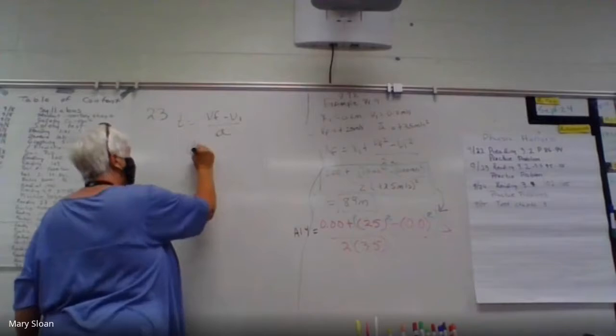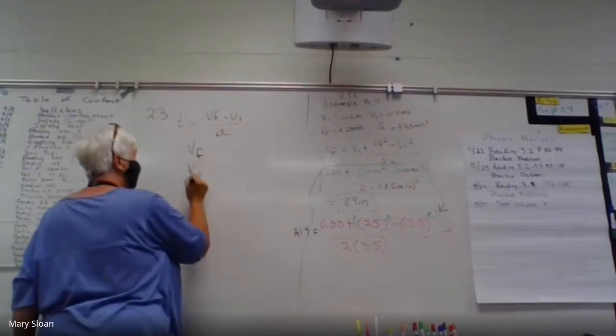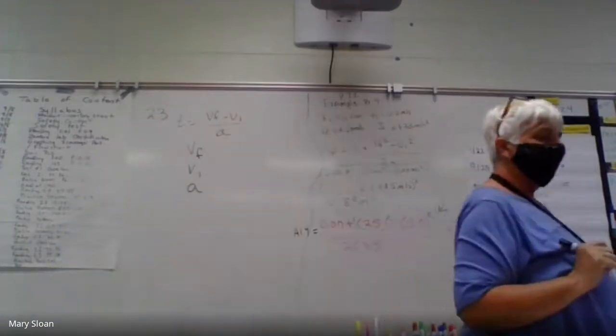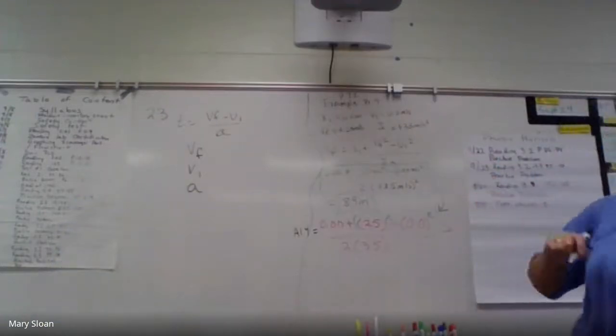So you have to read it to find your velocity final, your velocity initial, and your acceleration. And once you do that, plug that in and tell me what you get.